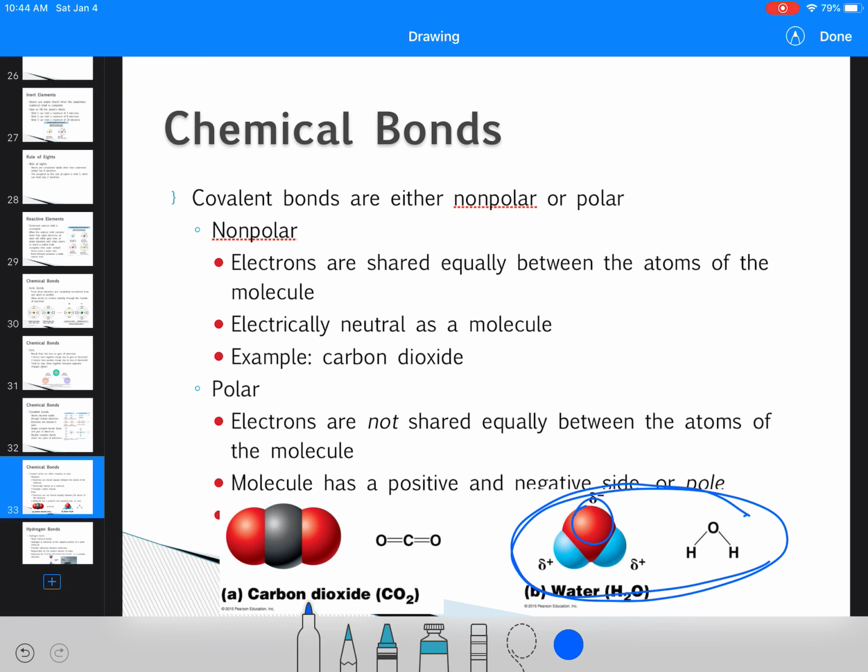Now, they're still going to be sharing the electrons because they're still going to be holding on to them. Each one of those atoms will be. But the oxygen is a lot bigger, so it's going to be pulling the electrons more closely to itself versus the hydrogens. Okay, so you can see the electrons are going to be hanging out closer to the oxygen up here at the top. And what's that going to do to the charge of that oxygen? Well, if it has those electrons hanging out closer to it, it's going to make it more negatively charged, right?